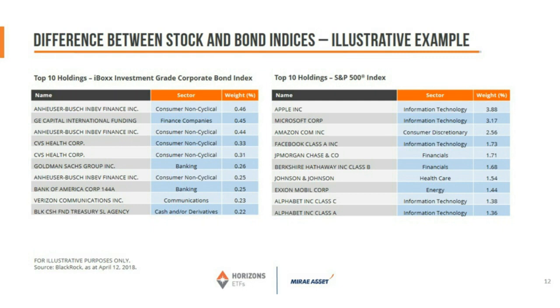And this provides some of the rationale for the inefficiency with respect to traditional bond indexing versus equity management. In the bond index on the left side, the iBoxx investment grade corporate bond index, bonds are weighted by outstanding debt traditionally in a portfolio, whereas the S&P 500, as an example, is weighted based on the market cap of the company.